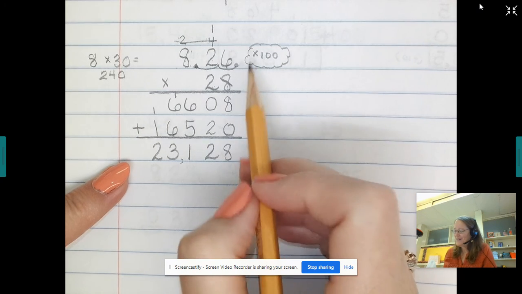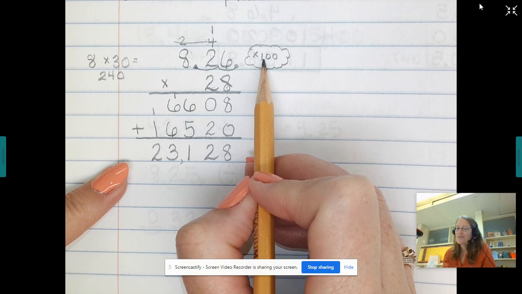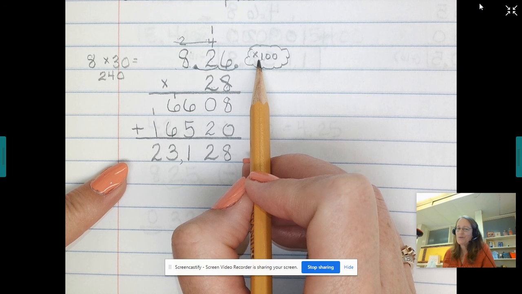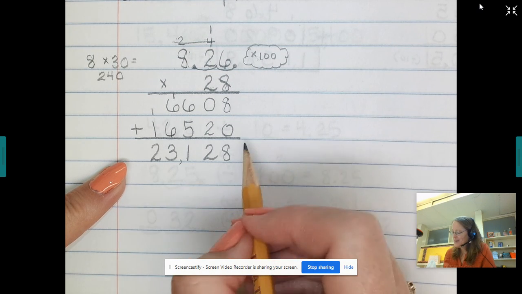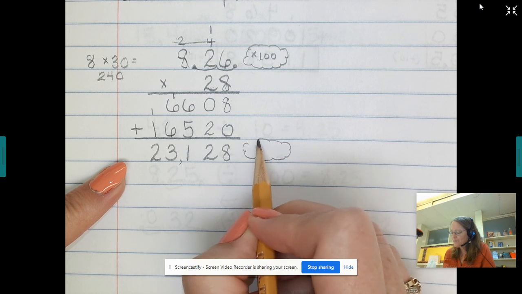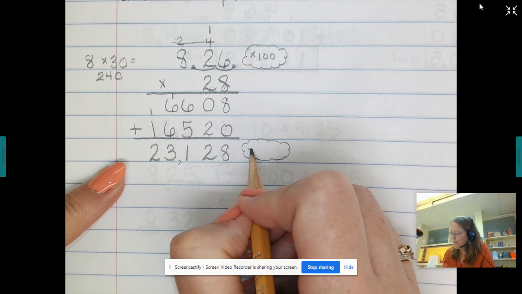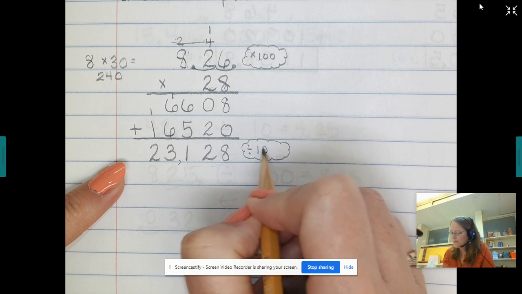Wait a minute. Up here, in the factor, I multiplied by 100. And so down here in my next thinking bubble, I know I need to divide my product by 100.